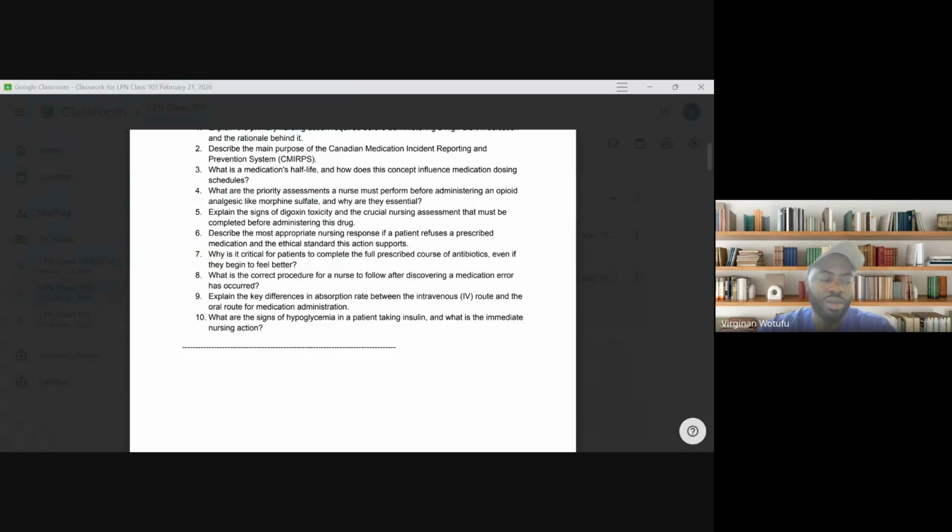You document, you notify the provider, and you complete the incident report. Okay. So question 9 states: explain the key differences in the absorption rate between the IV route and the oral route for medication administration.